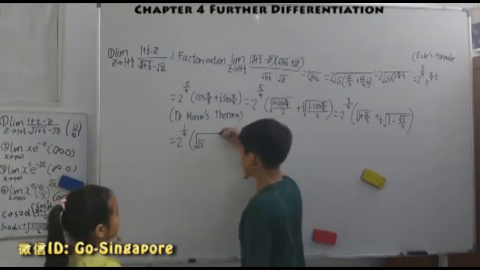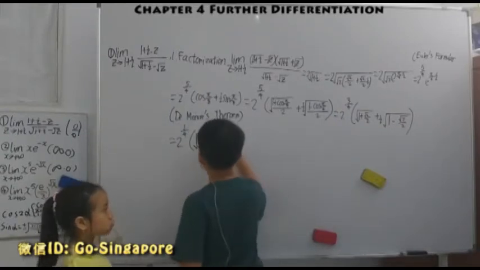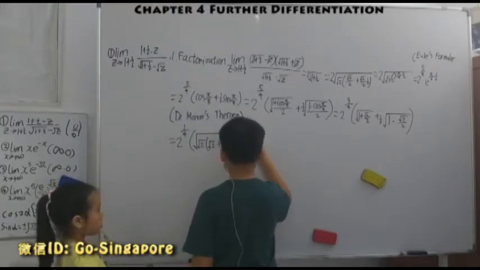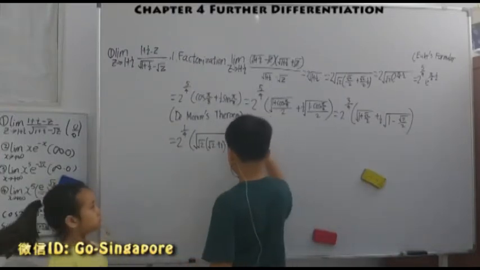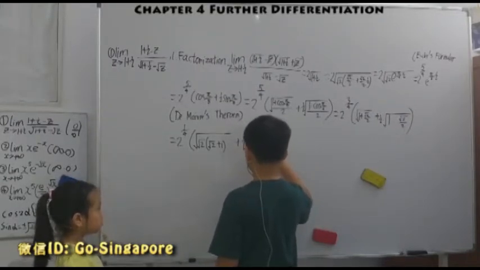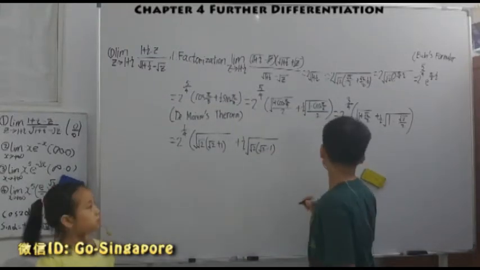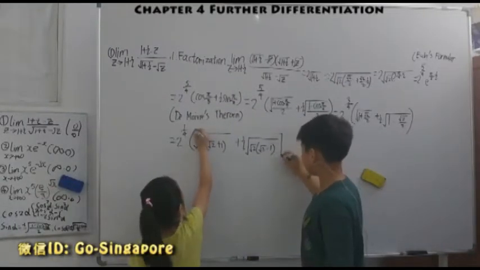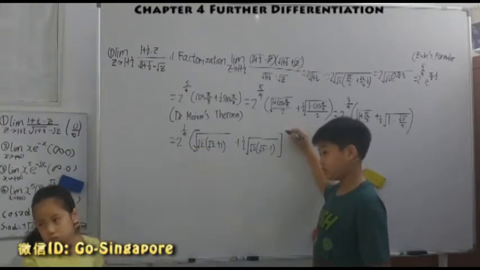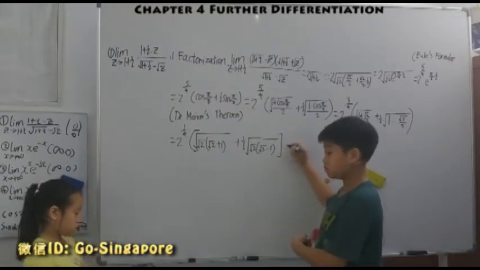Times 2, times square root 2 times square root 2 plus 1, plus i square root 2 times square root 2 minus 1. Is it? End of bracket. Yes. But up here, is there anything? No, right? Can we continue?